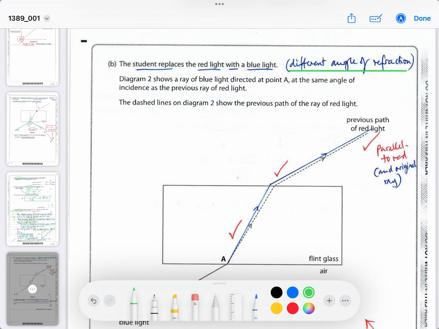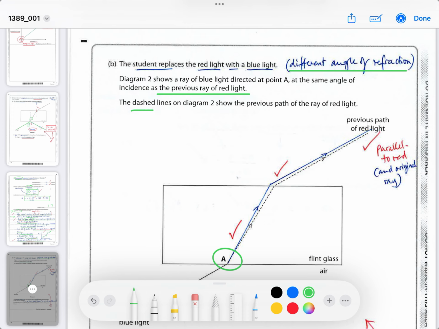So diagram 2, shown below, shows a ray of blue light directed at point A, sorry, I don't know why I said point X. So point A, directed here, same place as we had originally, and at the same angle of incidence as the previous ray of red light. So originally they did it with red light, and now they're doing it with blue light.